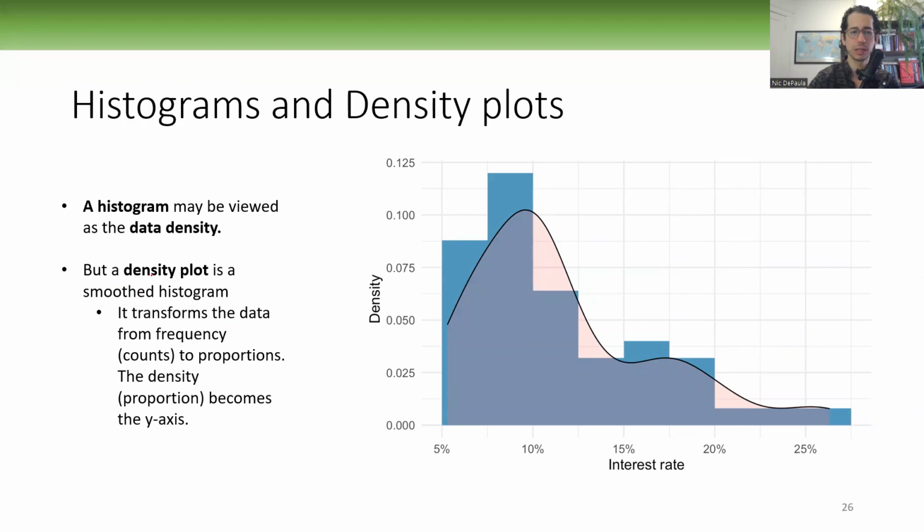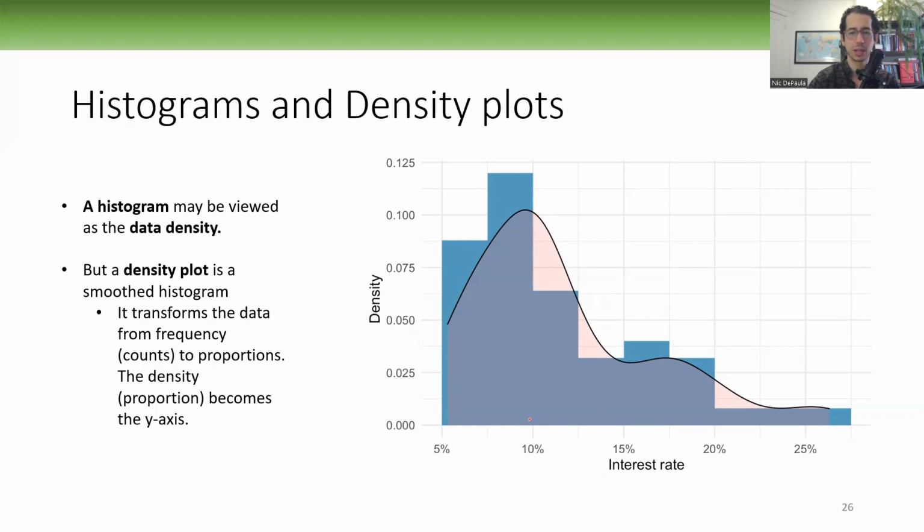What can also be generated by mathematical calculations and computer functions is a density plot, which is a smoothed out histogram that transforms the data from frequency counts to proportions. And the density proportion becomes the y-axis. So here becomes the density or the proportion, instead of just the hard frequency itself, and we still keep the same variable on the x-axis.